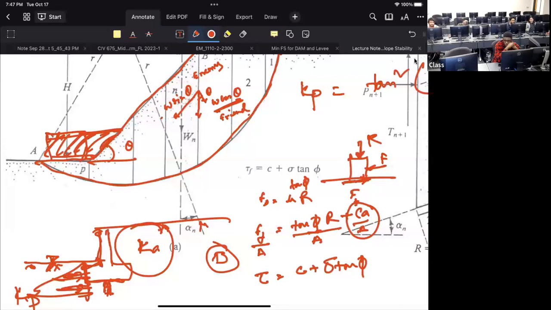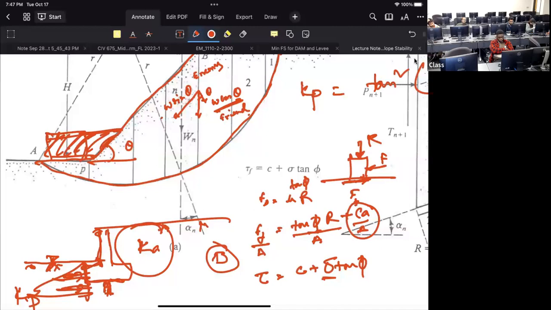So what is the sigma? The reason I explained it this way is just to give you the feeling of how to calculate the normal resistance. So your normal resistance works in which direction? It's very important.